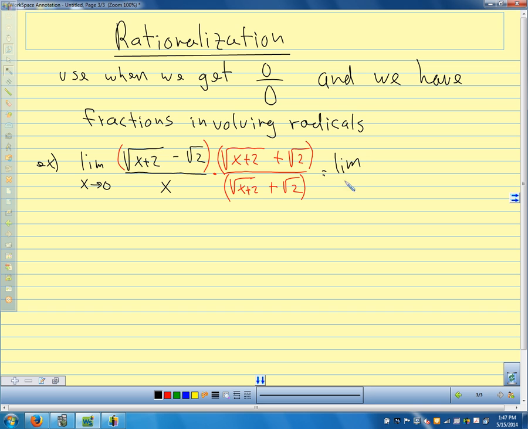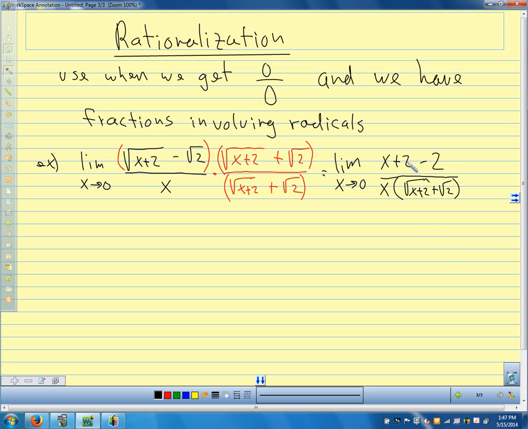This is the limit as x approaches 0 of, when I multiply here, I get x plus 2, the plus square root of 2 times square root of x plus 2 and the minus square root of 2 times square root of x plus 2 cancel, and I get minus 2. And on the bottom, I have x times the square root of x plus 2 plus the square root of 2.